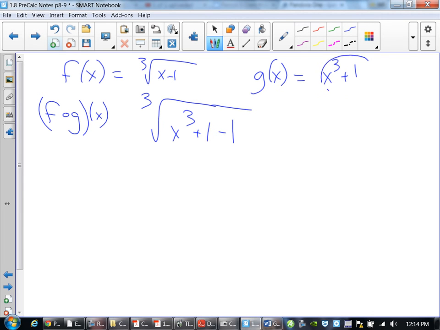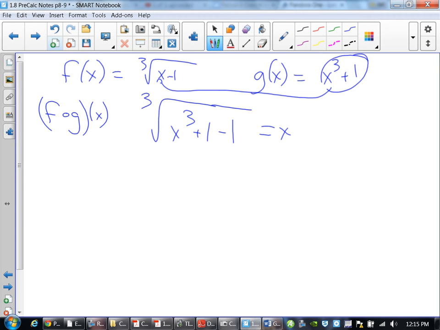I took this and I substituted in for x. So the ones cancel out, and what's the cube root of x cubed? X. Okay? You're taking whatever it's asking you to do, substituting in, and working your way out.